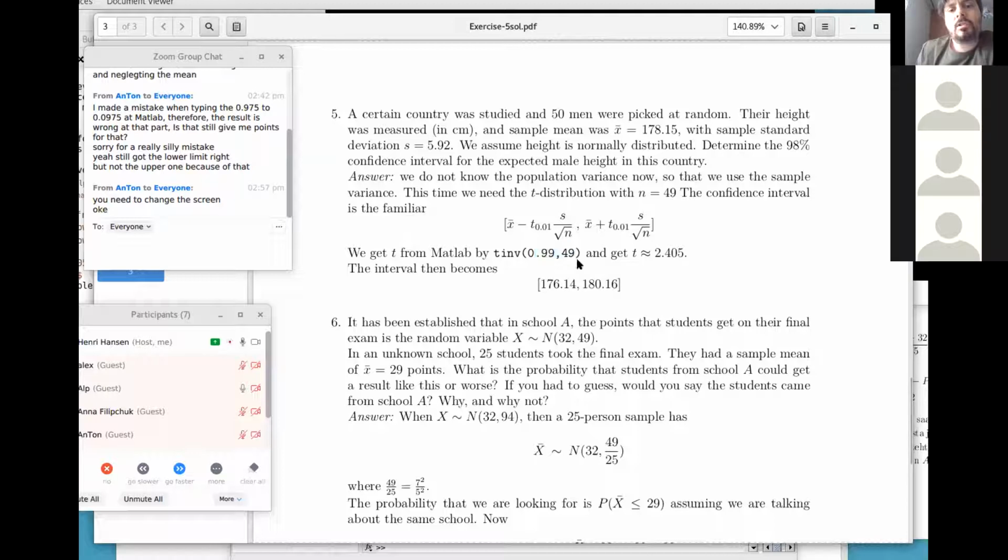The t distribution only has one parameter, which is the degrees of freedom. And in this case, we use n equals 49 because we have a study which had 50 men.